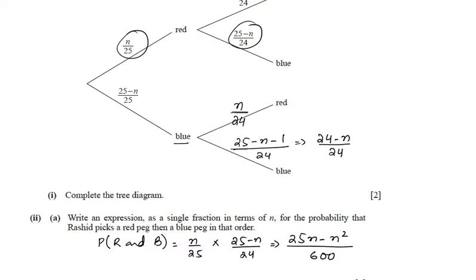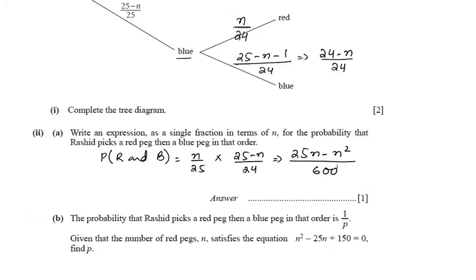Okay, so the answer of this part is 25n minus n square upon 600.